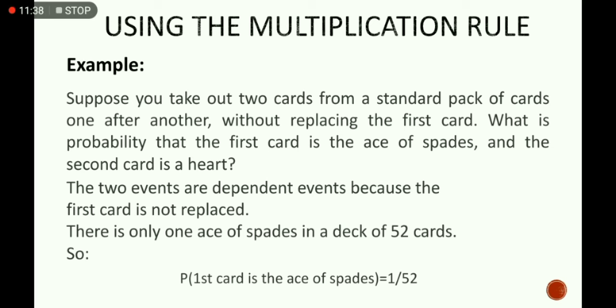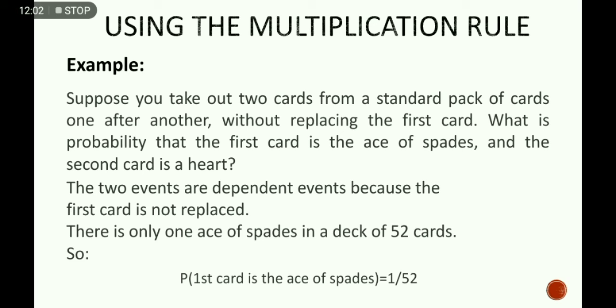The two events are dependent events because the first card is not replaced. There is only one ace of spades in a deck of 52 cards. So, yung probability ng first card is the ace of spades is equals to 1/52 lang. Kasi, isa lang naman ang ace of spades sa isang deck ng baraha.